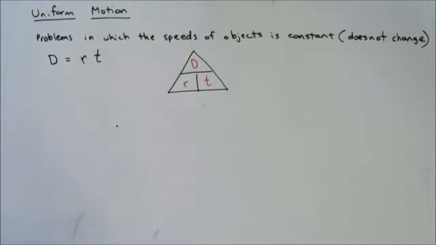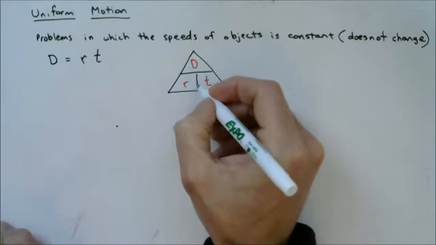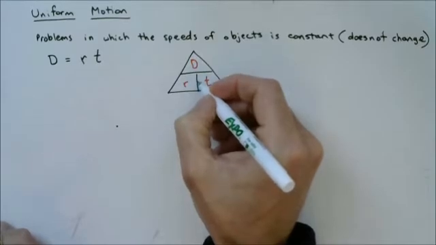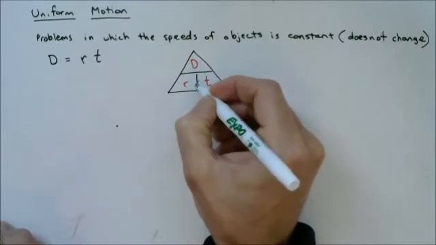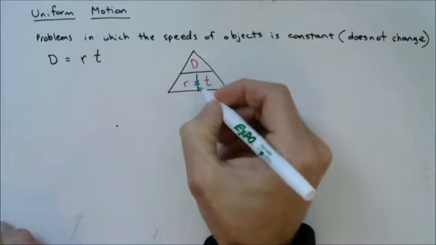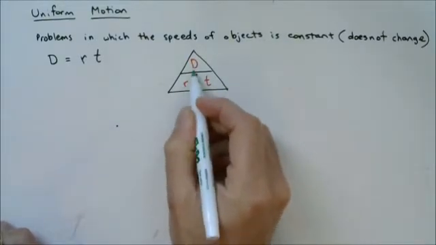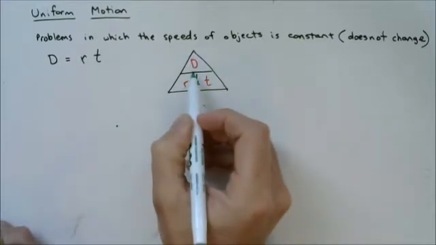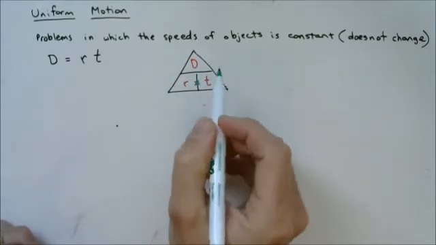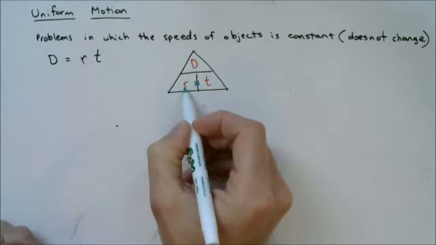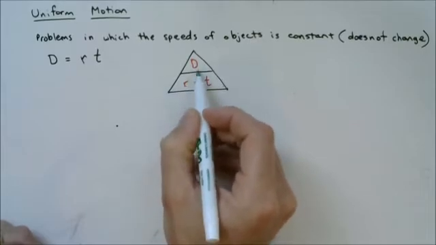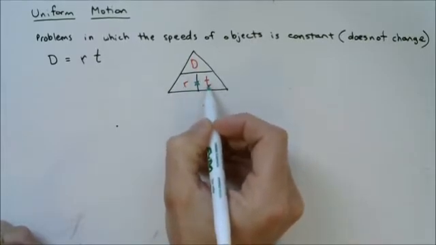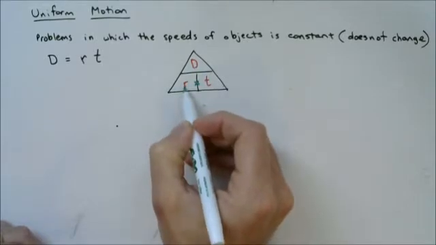Basically, what it means and why it's helpful, the operation down here in between r and t is multiplication. So this reminds us that r times t is d, which we have here. But it also creates a fact family. R is equal to d divided by t. And t is equal to d divided by r.